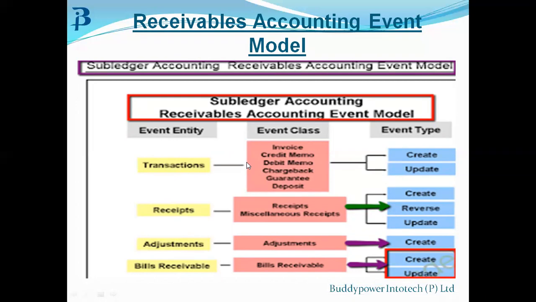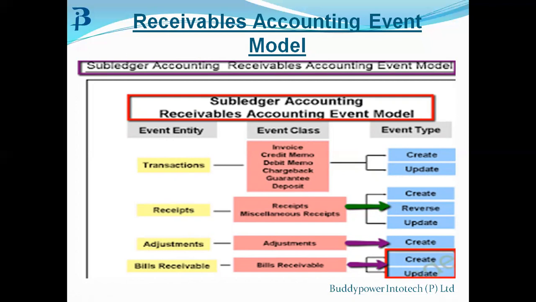In Oracle Subledger Accounting, the accounting events are categorized into event types. These event types are grouped into event classes, which in turn are grouped into event entities. The overall grouping of these components is called an event model. The Oracle Receivables accounting model is predefined, and it includes each receivables transaction type, that is your event class, and its life cycle.